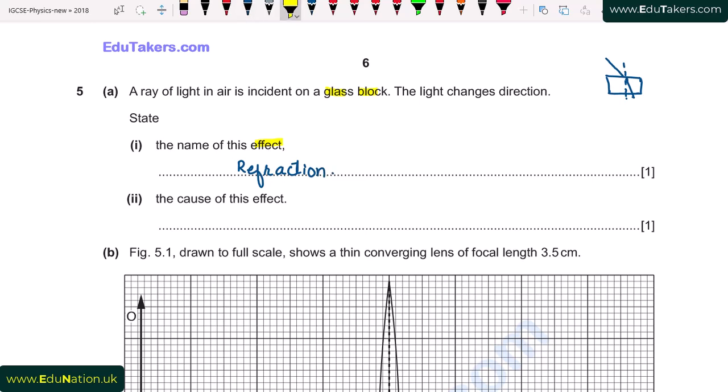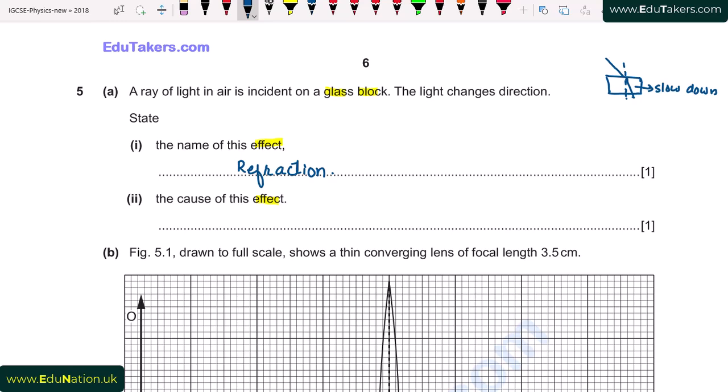Part 2, the cause of this effect. So from this figure we can see that when the ray of light enters a glass block, it will slow down inside this block. It means that its speed decreases, so that also its direction changes.